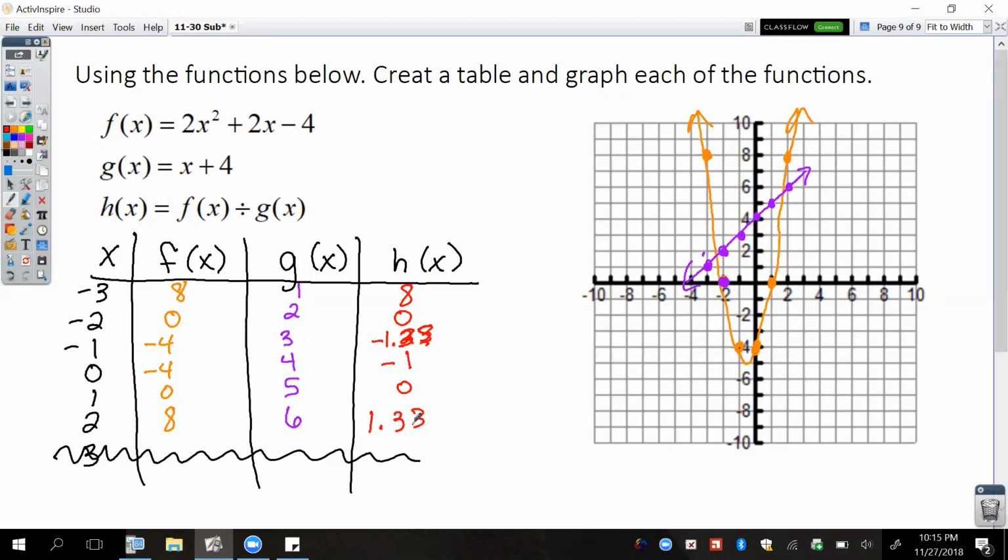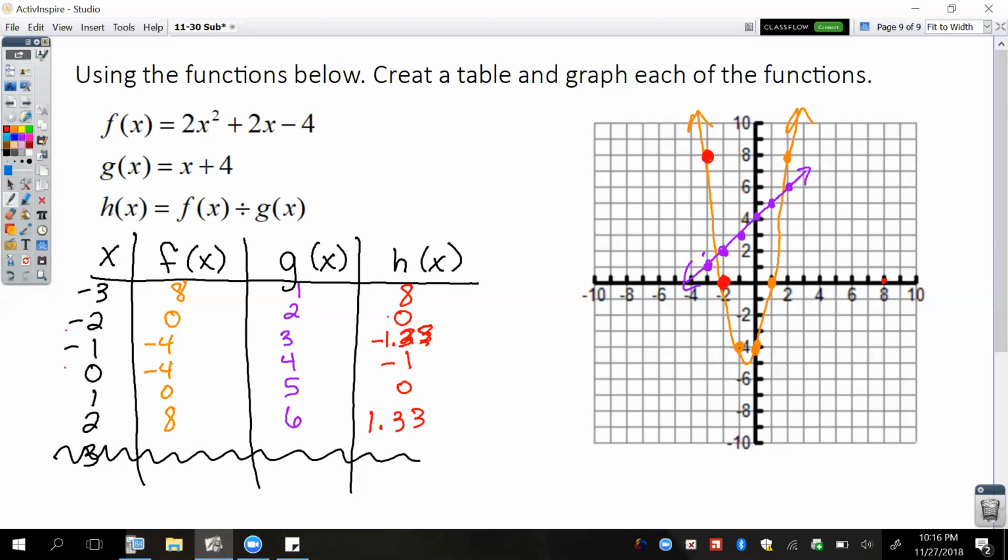All right, so we're going to come over here, we're going to graph those points. So I have the point, sorry, negative 3, 8, my bad, I'm sorry guys. Then negative 2, 0.